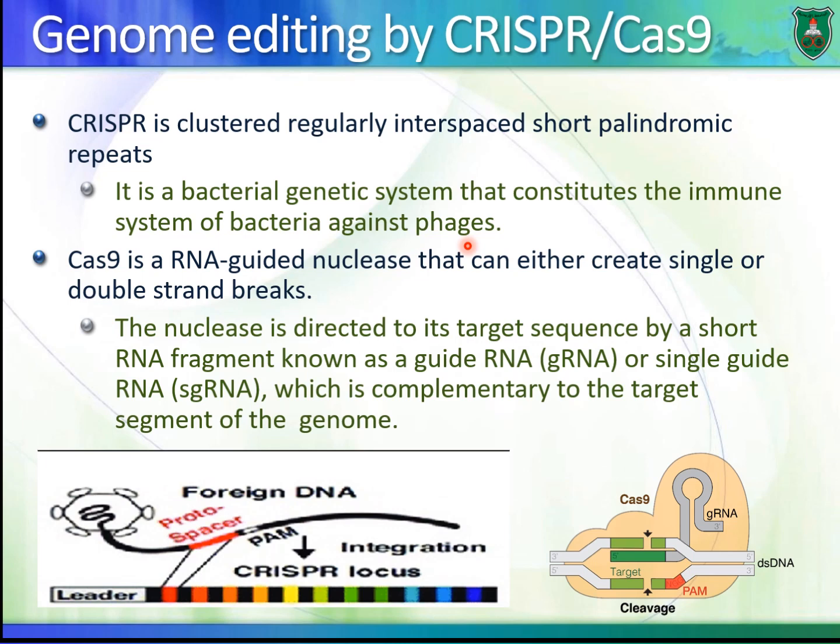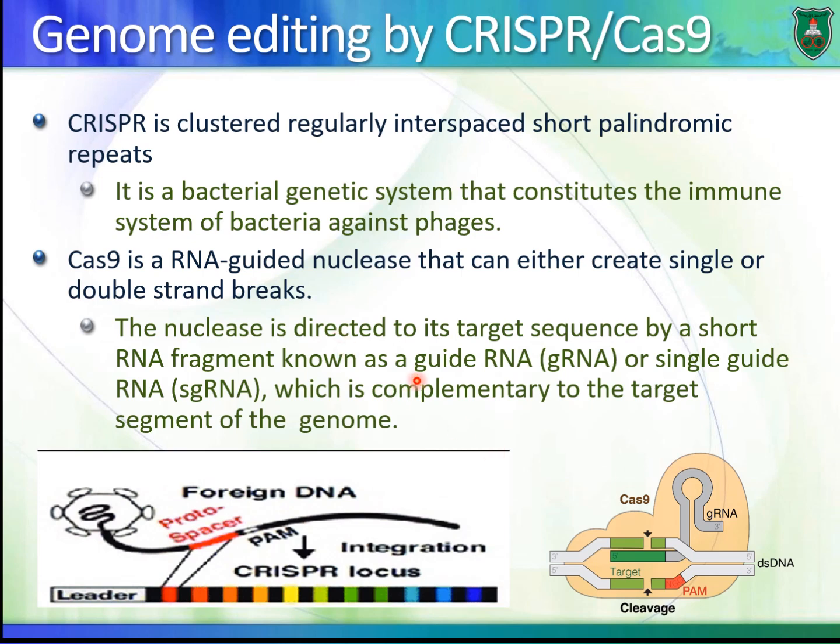Cas9 is a nuclease and it is RNA guided. So it's basically a ribonucleoprotein. A ribonucleoprotein is a protein that is composed of a protein part and a nucleic acid part.